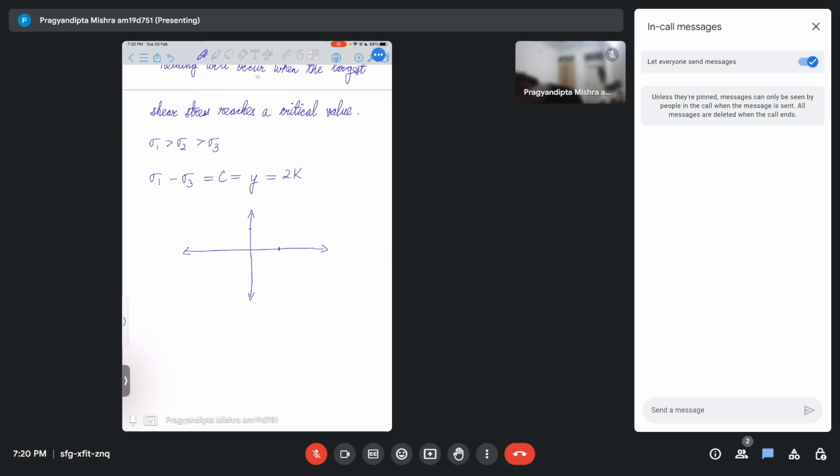The yield point is the same because we are talking about the isotropic case. Similarly here also. So what your Tresca criteria does is it encompasses this region. This is your Tresca region, the yield region for Tresca, while von Mises will encompass something like this. I'll draw it in a different pen.